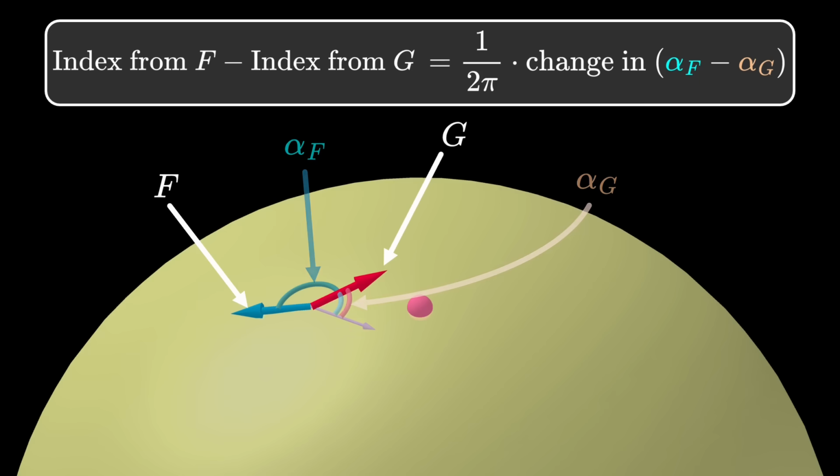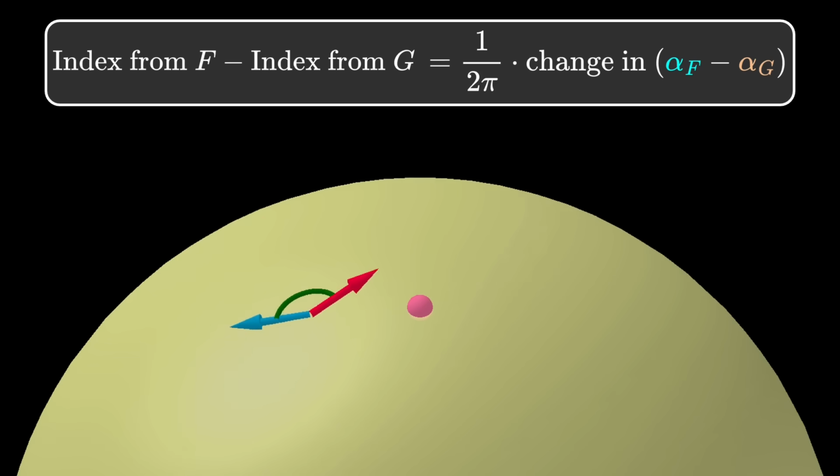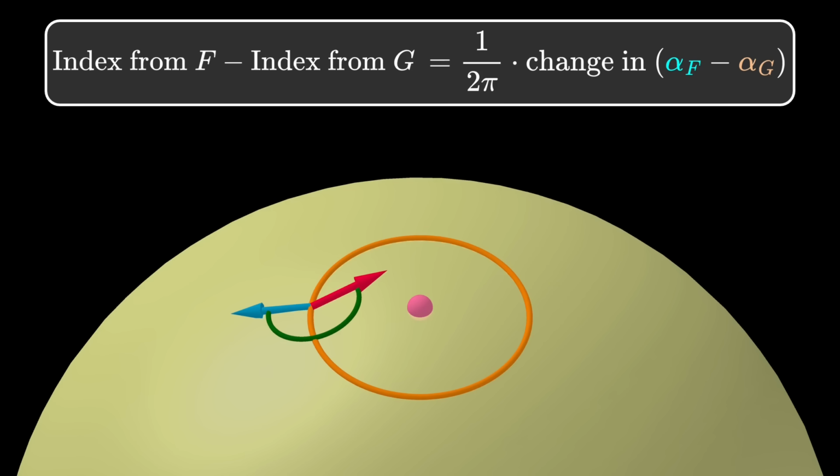The difference alpha_f minus alpha_g is the angle between the 2 vector fields, and we don't need the reference direction at all. Hence, the difference in the index contributions from f and g is the change in the angle between them as we go around the zero. In fact, this works even without going around a zero.